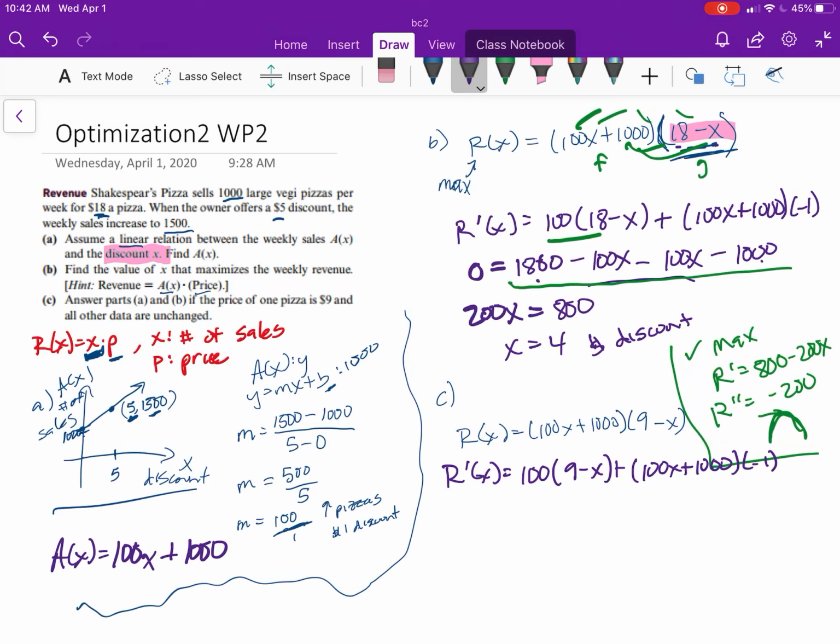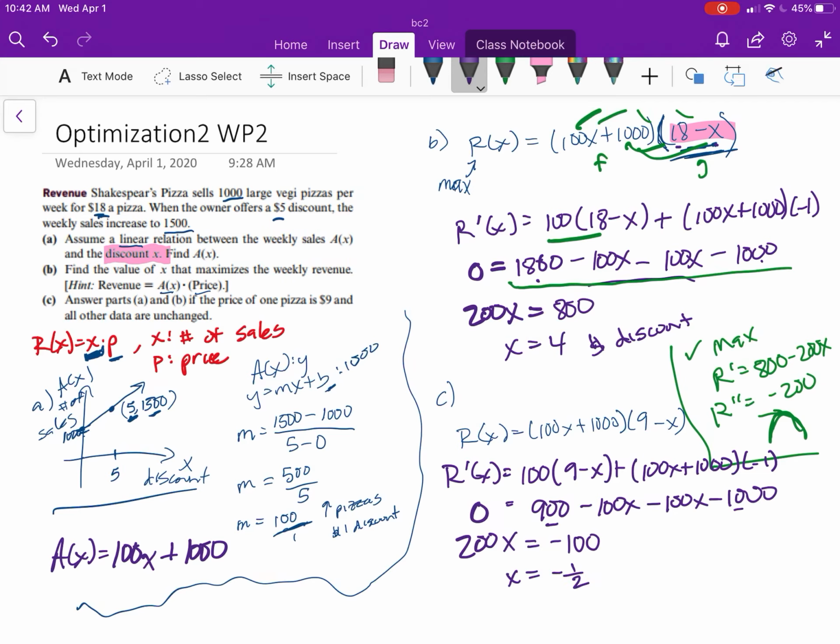Now when we distribute here, we'd have 900 minus 100x minus 100x minus 1000, setting that equal to 0. So again, we'd get 200x on the left, but now 900 minus 1000 is negative 100. So x would be negative 100 over 200, negative 1/2.